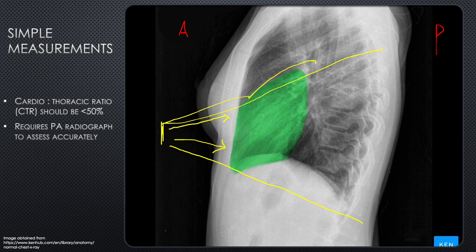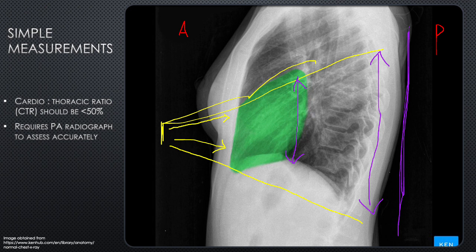I'll put that in a different color here for you. And so you've got a board here, and by having it anterior posterior, the size of the heart, as you can see, instead of being, let's say, this large, is now exaggerated to being this large.